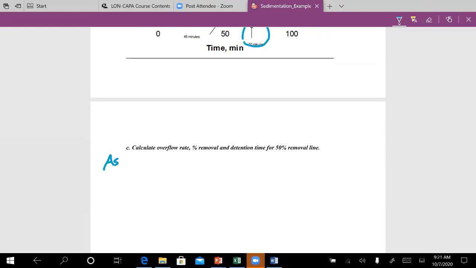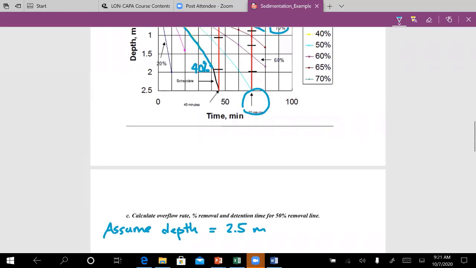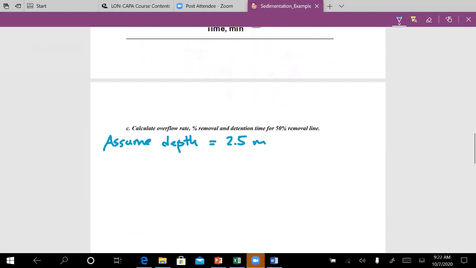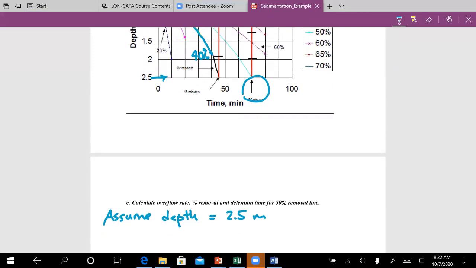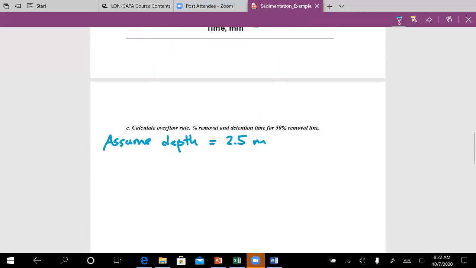Let's assume that we're designing a sedimentation basin clarifier with a depth of 2.5 meters. So we're at this depth right here. Let's start by assuming that we've got 70 minutes. We have to make some assumptions to start with.